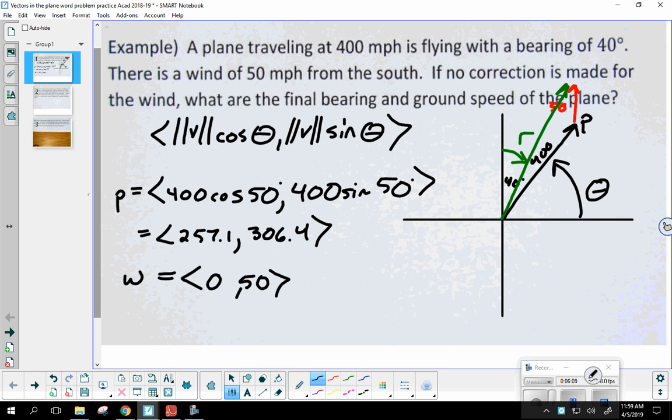Is everybody okay? Now, in order to find the resultant, this third side right here, we're taking the two vectors I was provided, and we're simply going to add them up. So the resultant I'm looking for is going to be the sum of the two vectors. Well, how do I add the two vectors together?